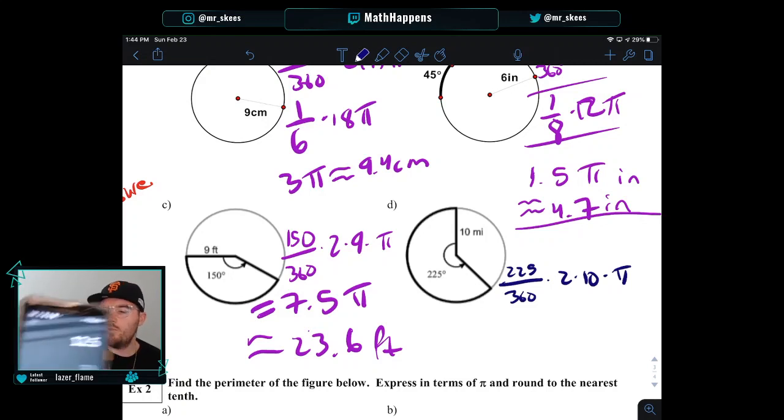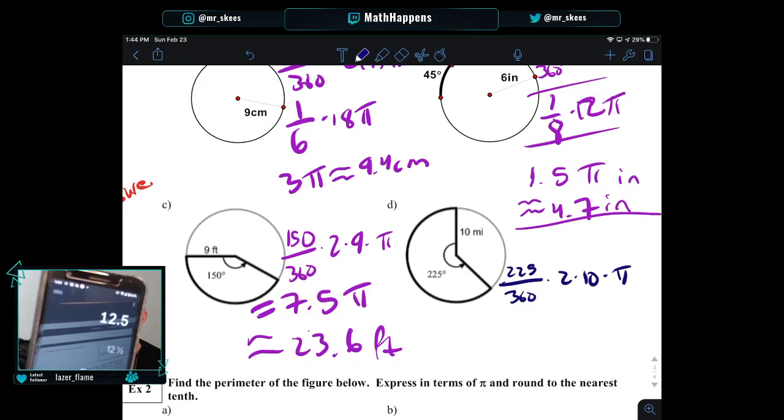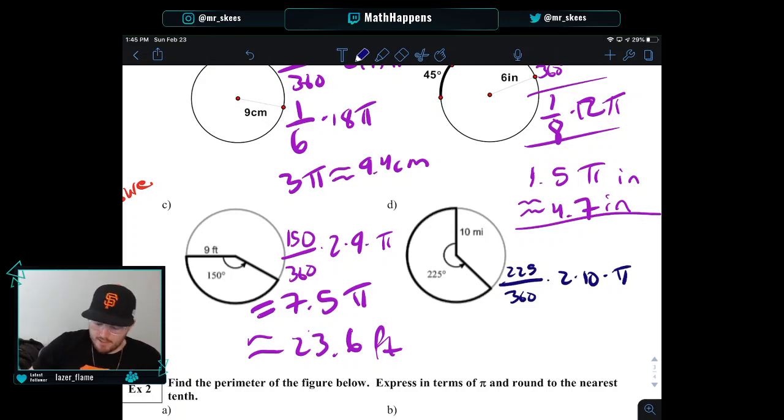I get 12 and a half. So that's 12 and a half pi. And then I plug in my pi to get my approximate rounded answer of 39.3 miles.